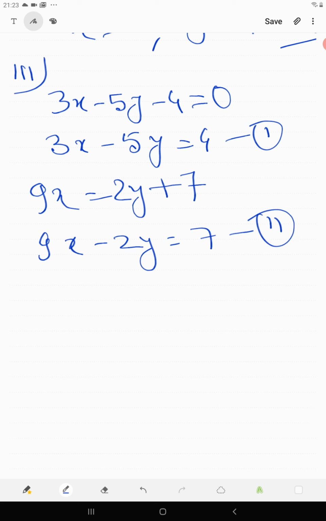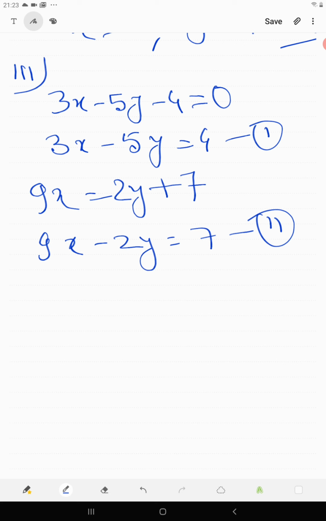Okay. Now if you see, in the previous case I have done it for y. Let's do it this time for x, because I want to show you that if we multiply for x also, then we can also get the value. Here we can do it for y also.